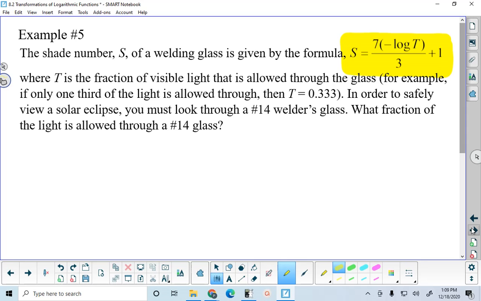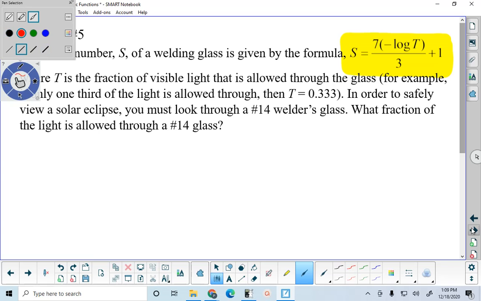When you look through a number 14 welder's glass, if you had a welding helmet on and tried to walk around in your day-to-day life, you'd be bumping into everything. You can't see anything. It allows very little light through. So in this formula, S is the shade number. In this particular question, the shade number is 14, and what we are asked to find out is what T is.